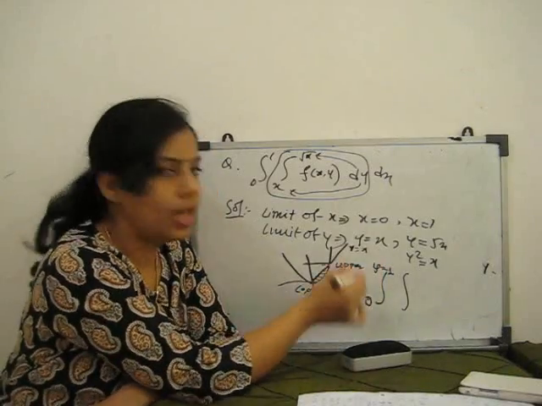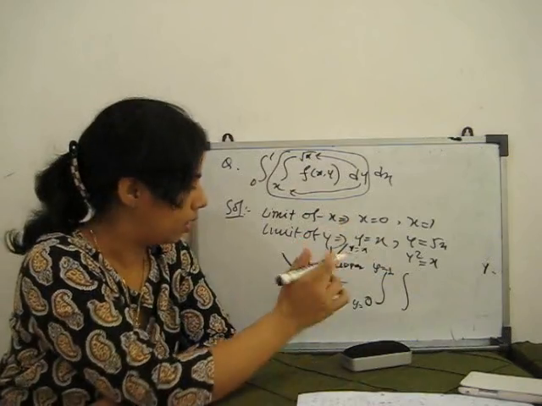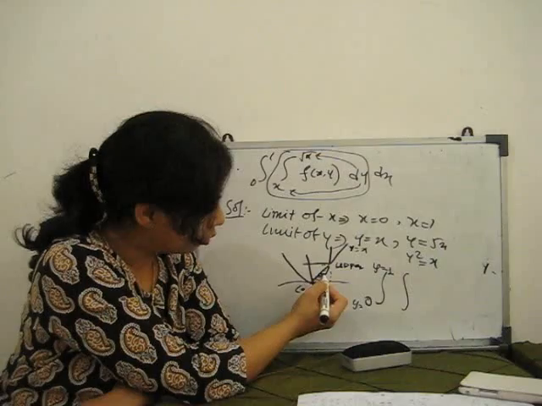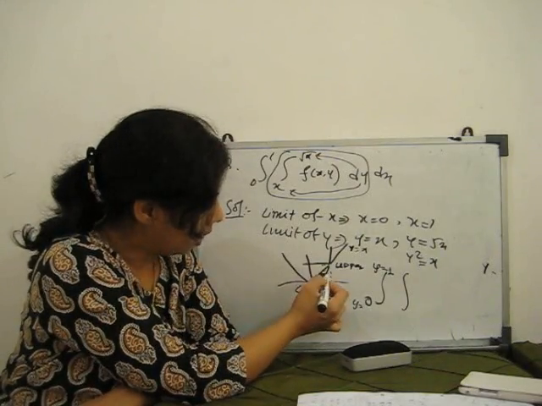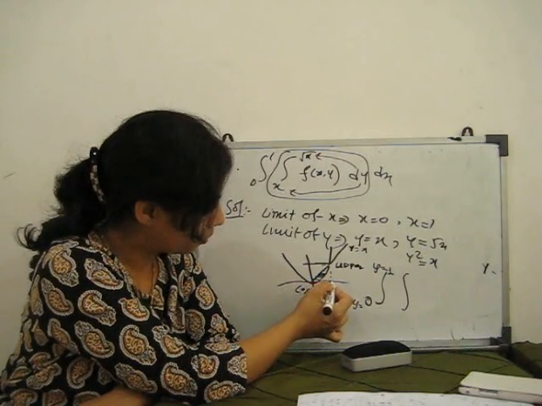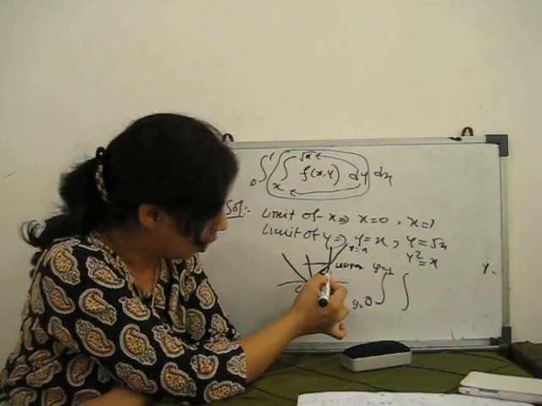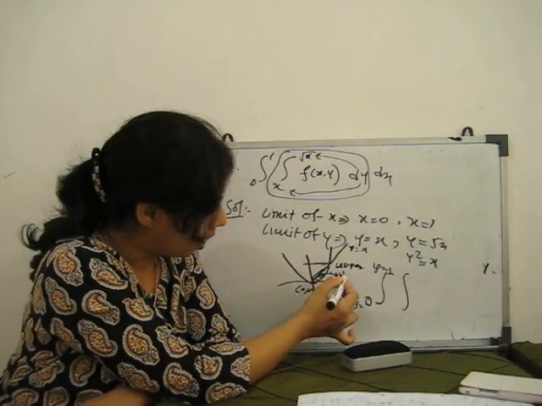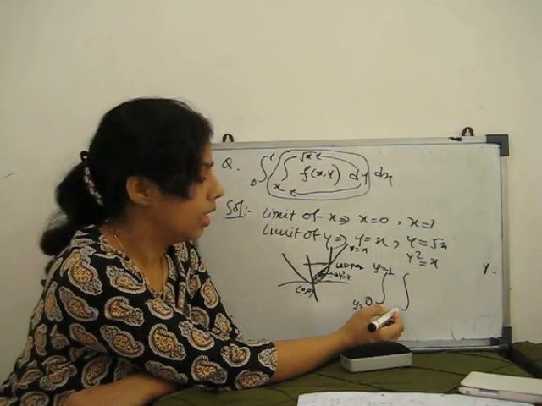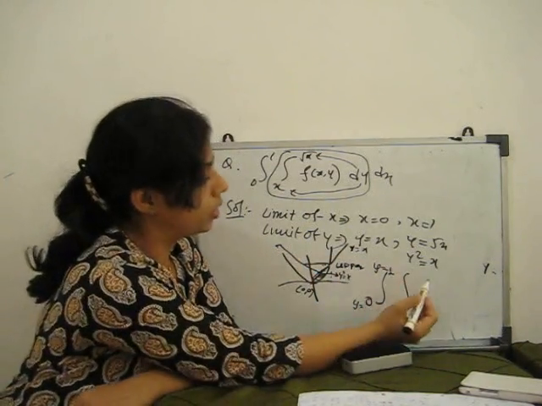Now we have y in terms of constants and x in terms of the variable. Clear? Our strip is going to be like this, going from here to here. This is the curve y square equal to x, so the lower limit of x is y square, and the upper limit is given by the line y equal to x.